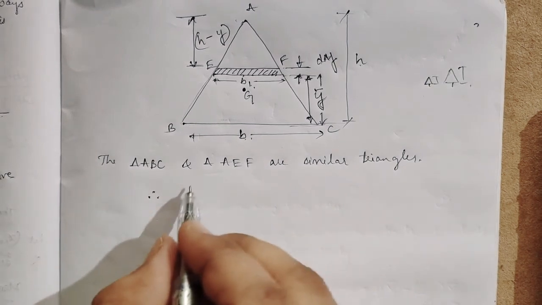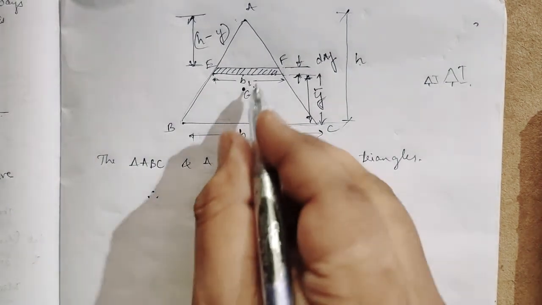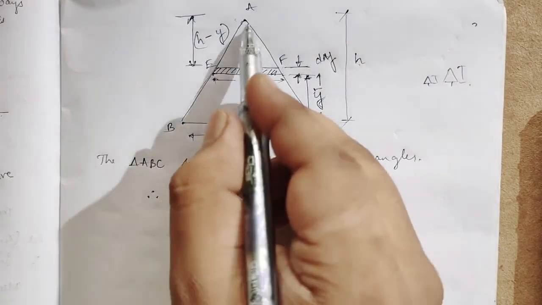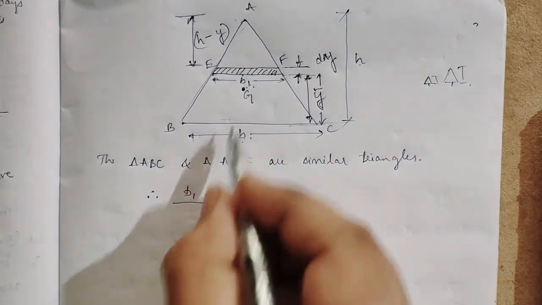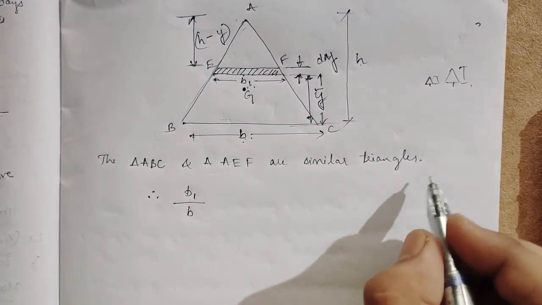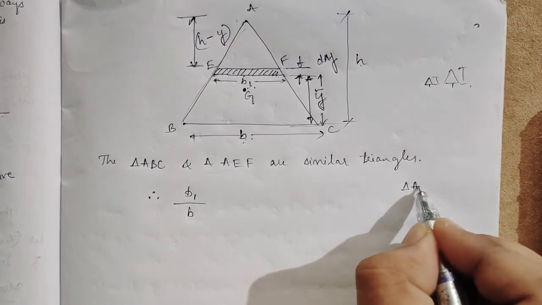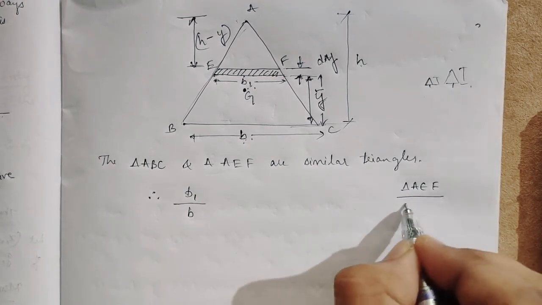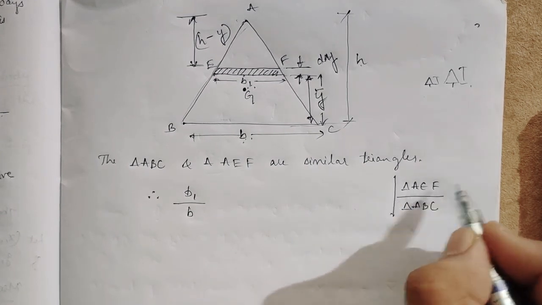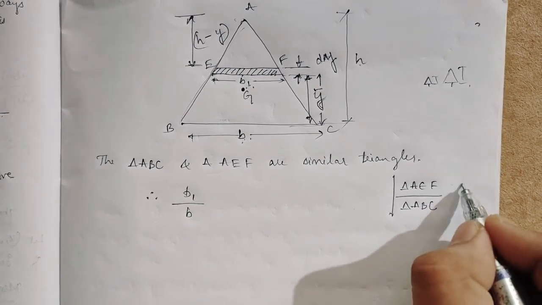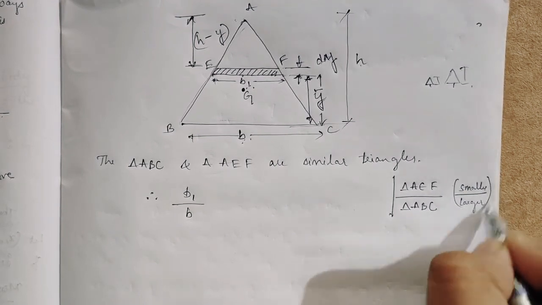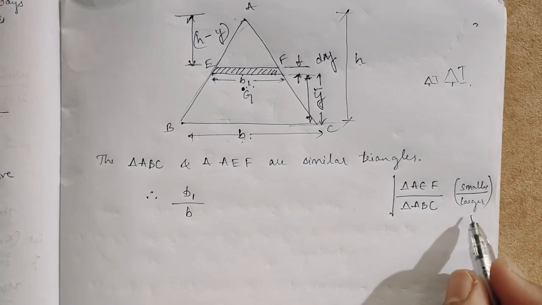Now see here, I'll take the side of the smaller triangle AEF, that is b1, and the side of the triangle ABC, that is b. So b1 by b, triangle AEF divided by triangle ABC. We'll take in this order, smaller by larger one, so keep it in mind, it should not be confused in the exam.